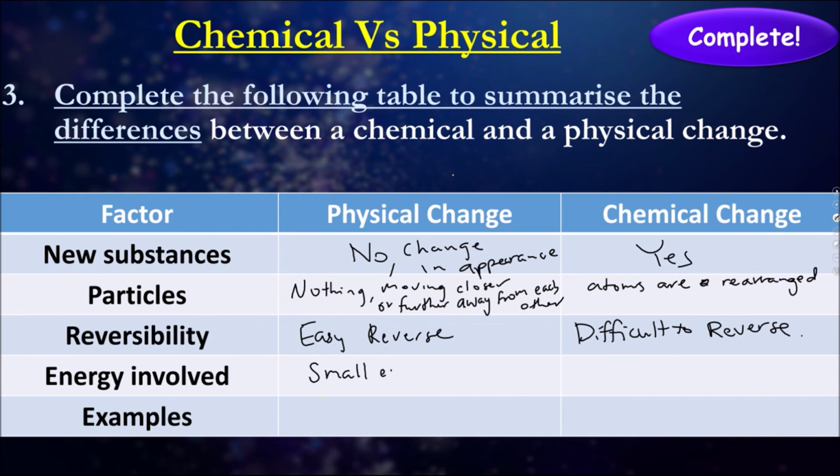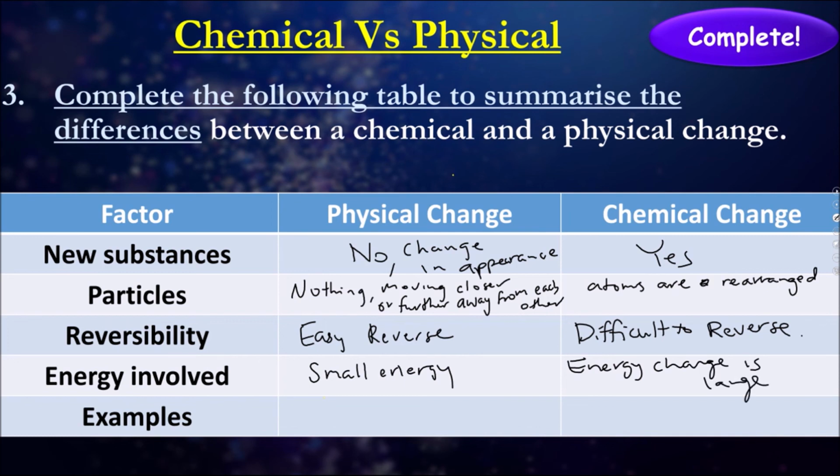Small energy involvement. So physical changes can probably happen more naturally, and so it's a very small energy consumption, while the energy consumed or released in a chemical change is much larger, so the energy change is large.